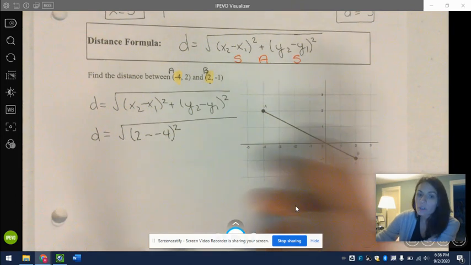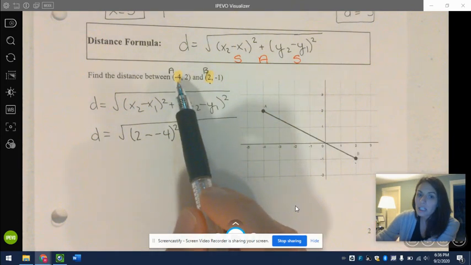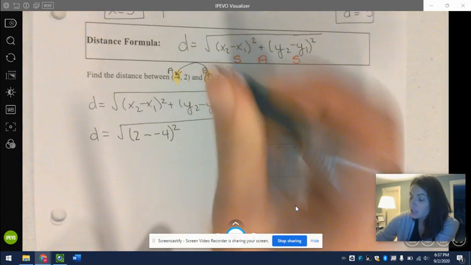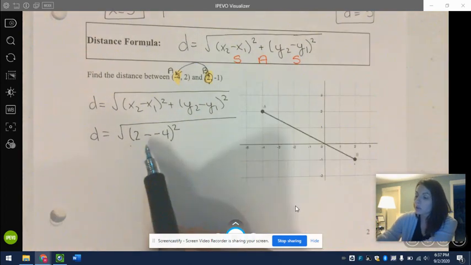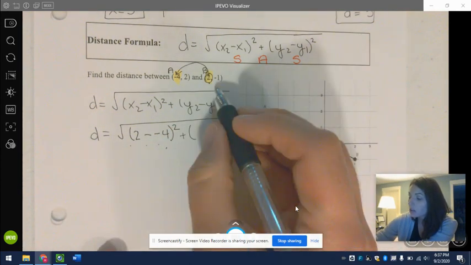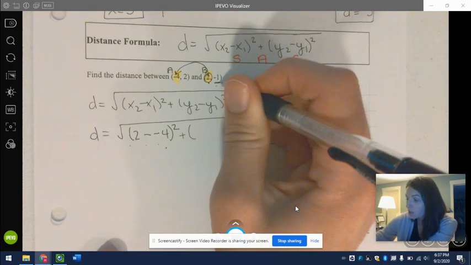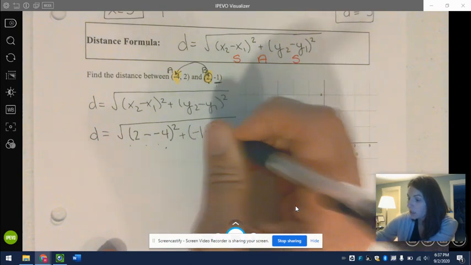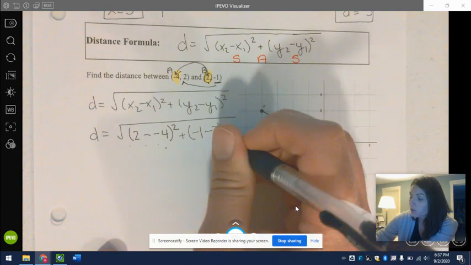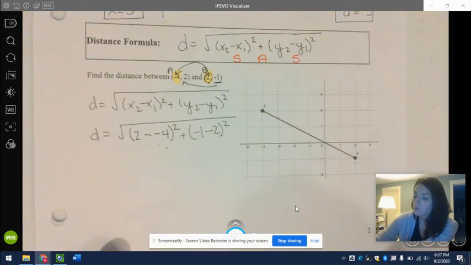So just like with slope, sometimes we end up with minus and negative. So if I go x2 minus x1, then I have 2 minus -4. Plus y2, so here's my y2 is -1 minus y1, which is 2 squared.